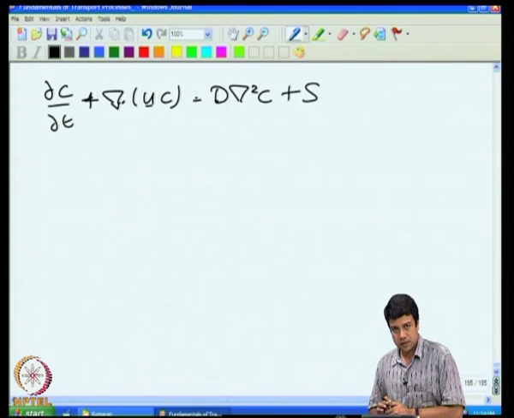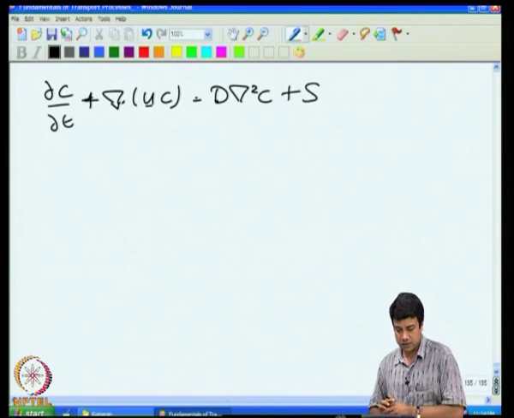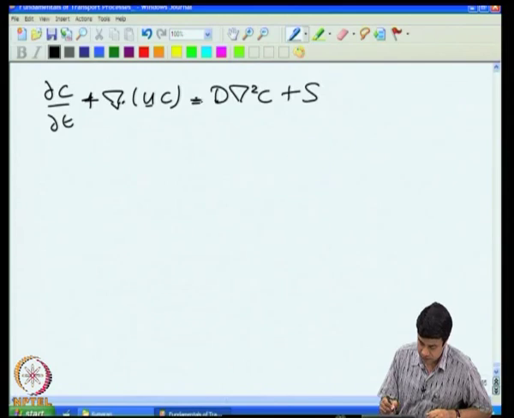When we started this course, we talked about the relative magnitudes of convection and diffusion. Written this way, the left hand side is the time derivative, the variation with respect to time, plus the convective term. The right hand side is the diffusive term plus any sources or sinks that are there. Okay.